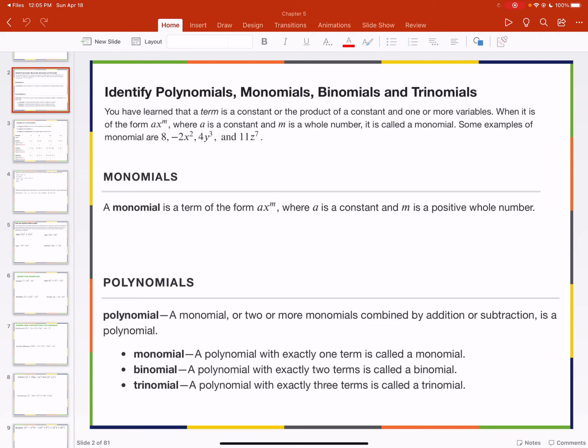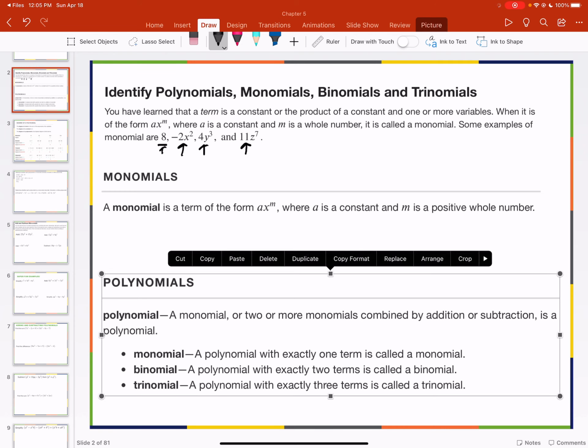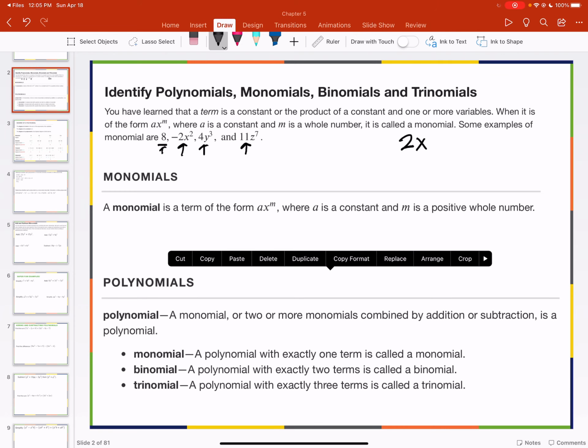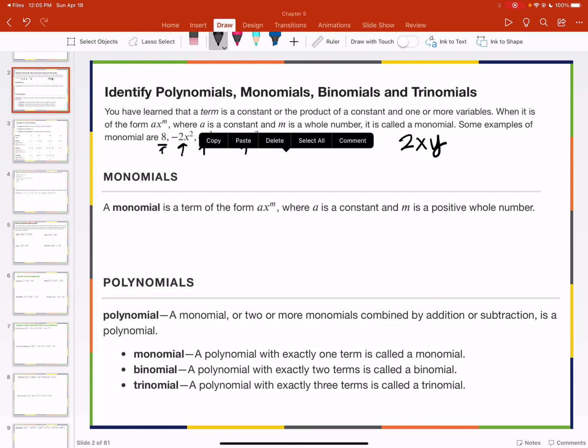So first of all, I'm pretty sure you've heard of the word term, where it's either a constant or a product of a constant and a variable. So, for example, some terms or some monomials are 8, negative 2x squared, 4y cubed, 11z to the power 7. Another example of a term or a monomial is 2xy, where you can have multiple variables.